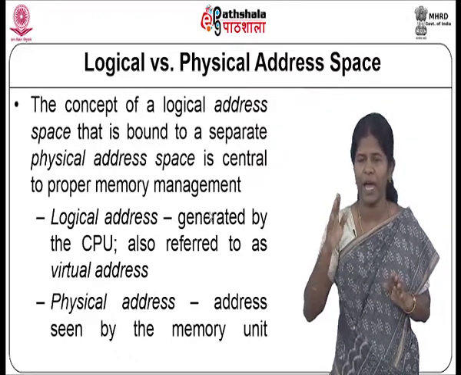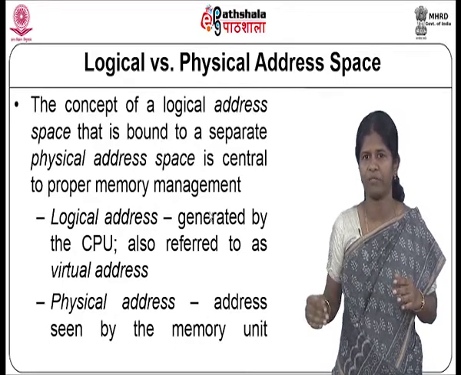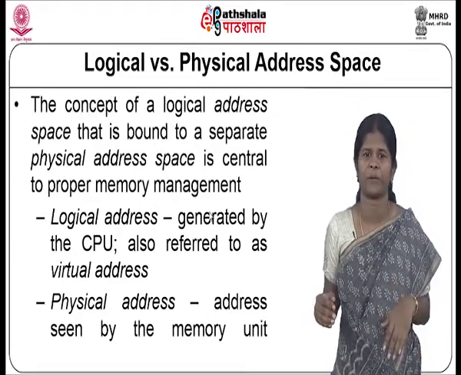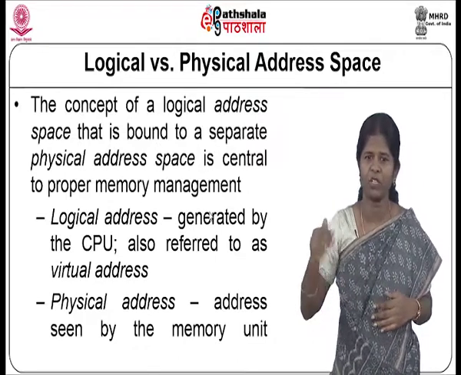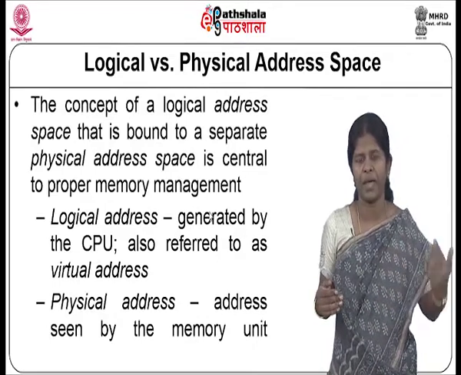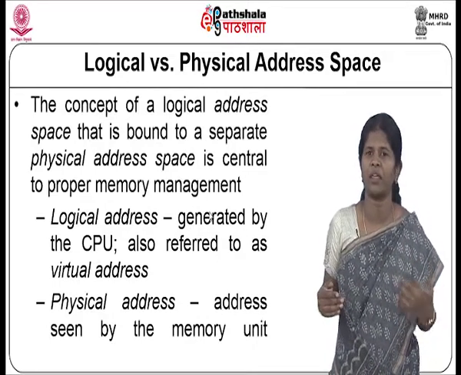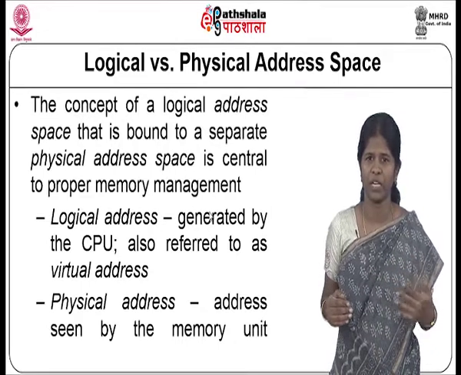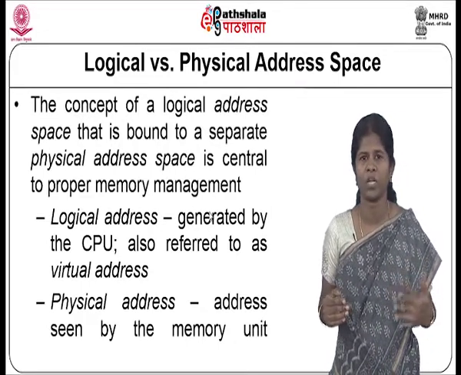So, these addresses, that is 0 to max for this process, will be mapped onto some physical memory location. Now, this 0 to max address is actually called the logical address, and where it is actually placed in the main memory is called the physical address, the actual physical location where that program or process is placed in the main memory.